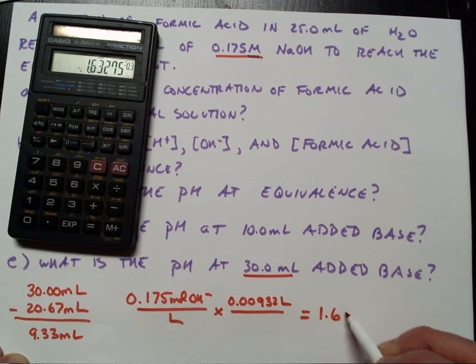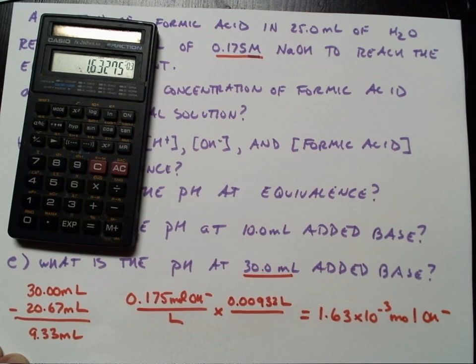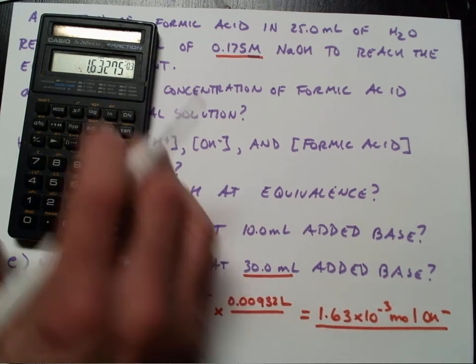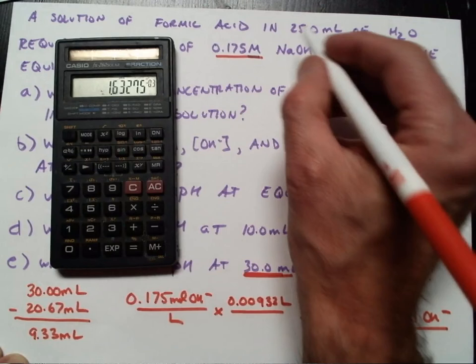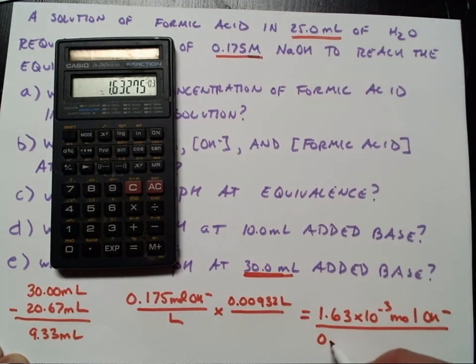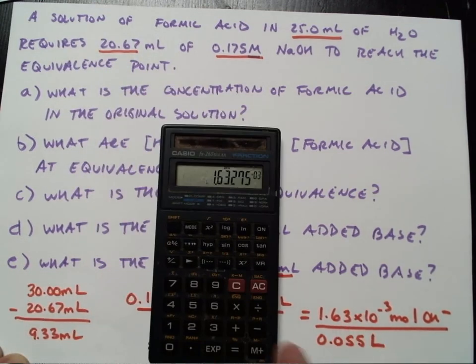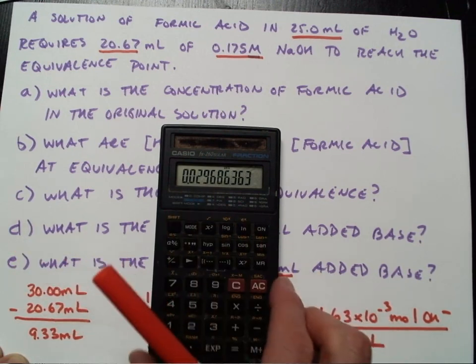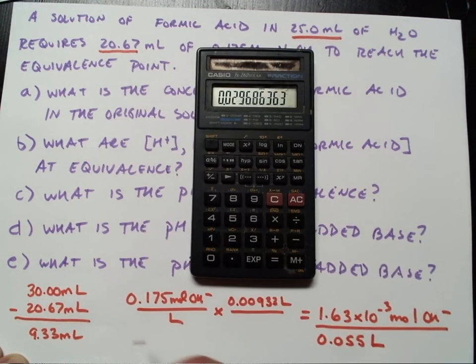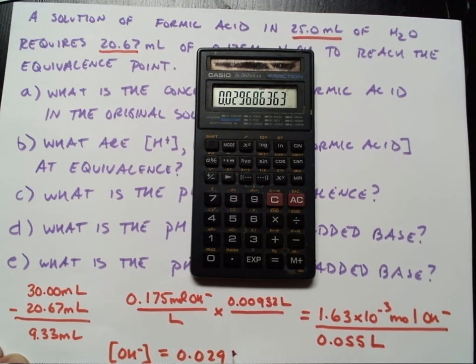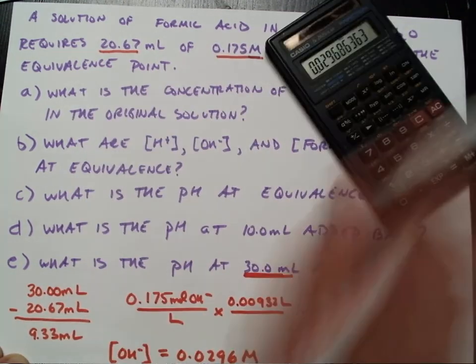That's 1.63 times 10 to the negative 3 moles of hydroxide in excess, and a total of, let's see, 30 mils plus 25 to start. That's 55 mils, 0.055 liters. So I'm going to divide this many moles by 0.055 liters. So there's my hydroxide concentration in excess, that's what's going to drive the pH, and it is 0.0296 molar.